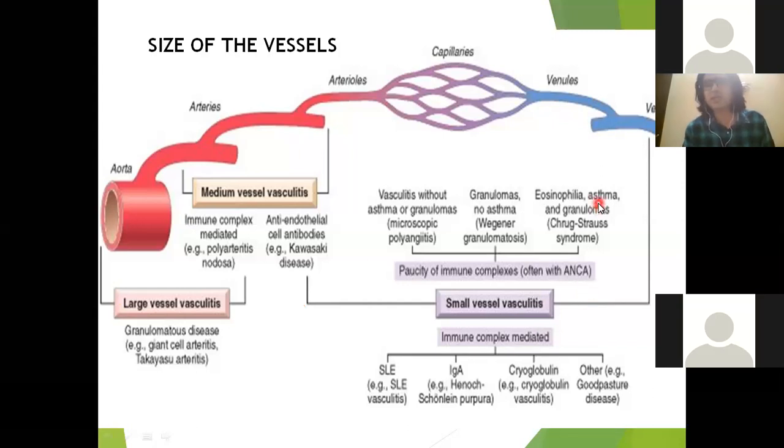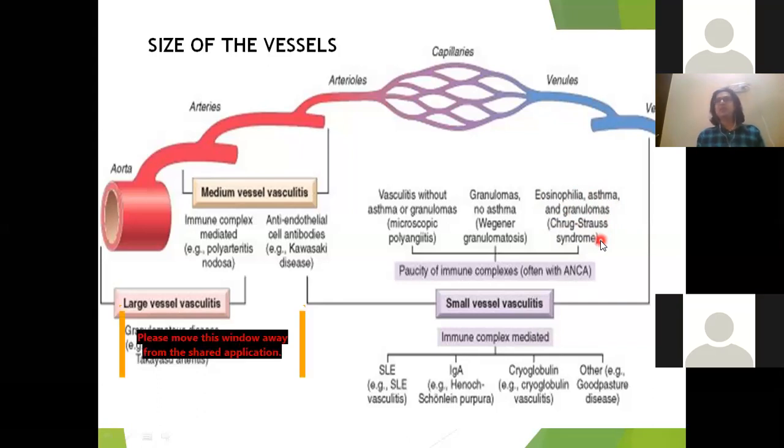So here again, the first category is Churg-Strauss syndrome. Now it is telling you that in Churg-Strauss syndrome there are eosinophilia, asthma, and granulomas. That is, if you do a blood test, there would be an increased eosinophil count. And clinically, the patient will have allergic rhinitis and asthma, and in asthma there are increased eosinophils as well.